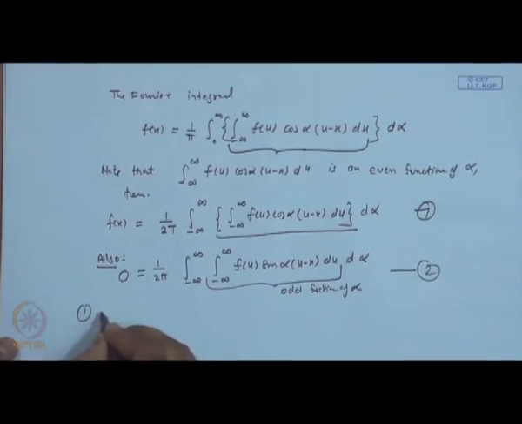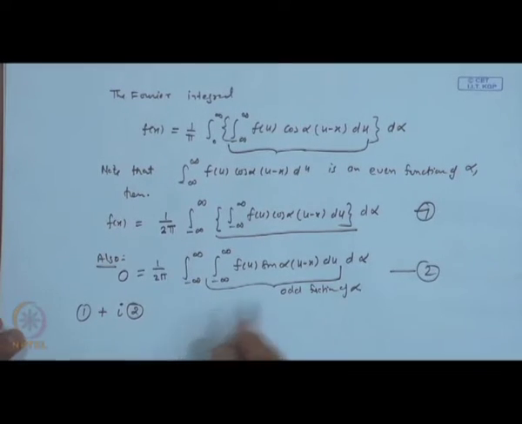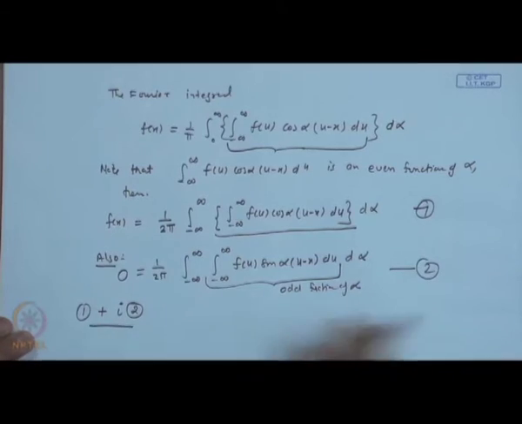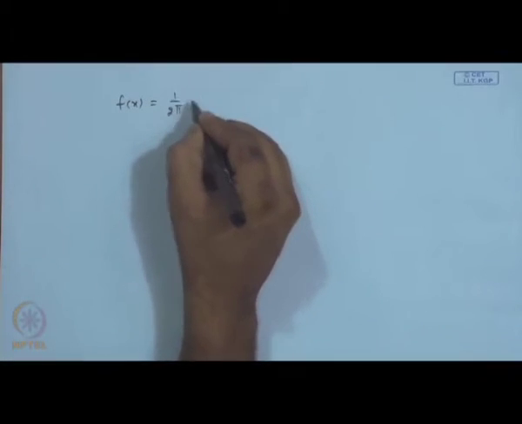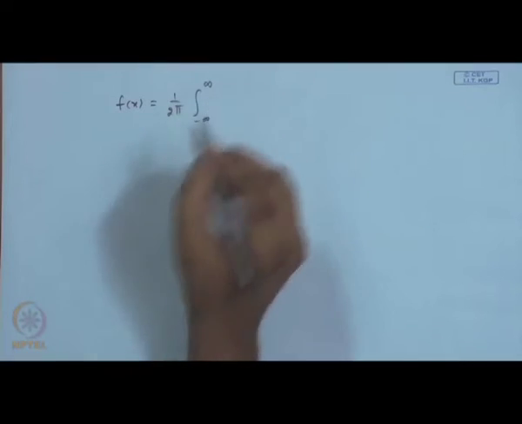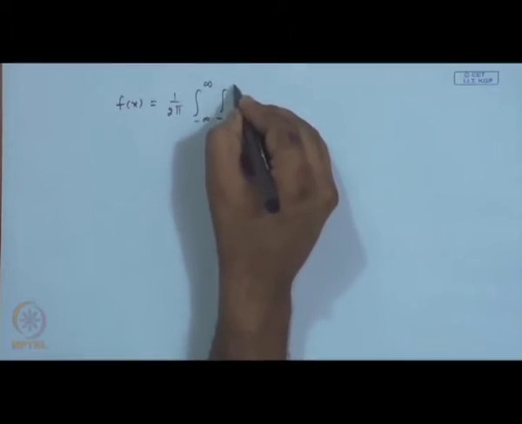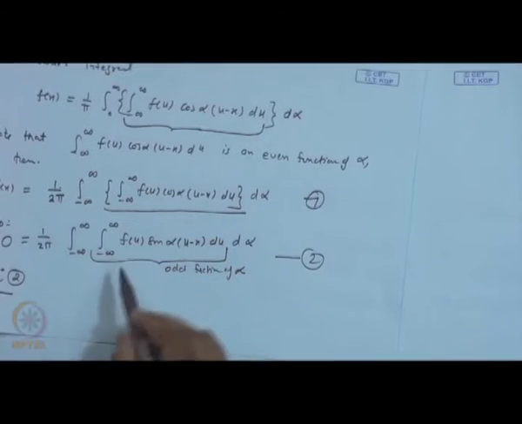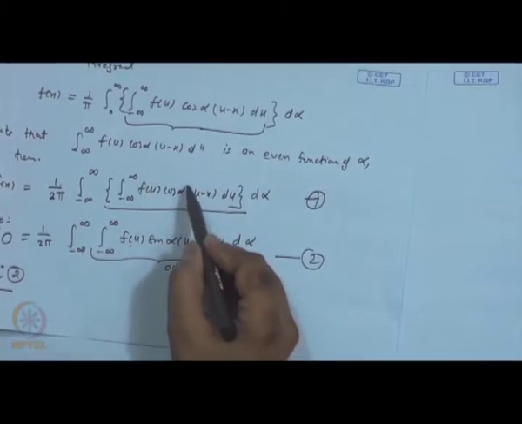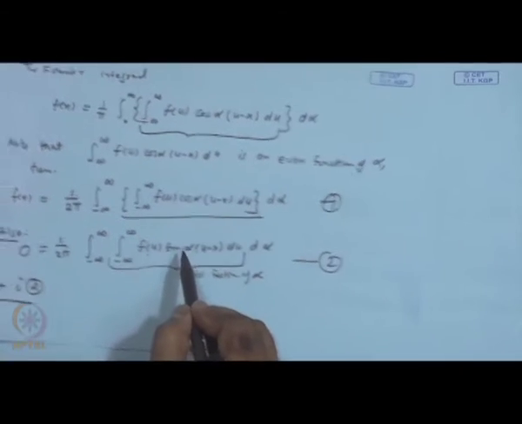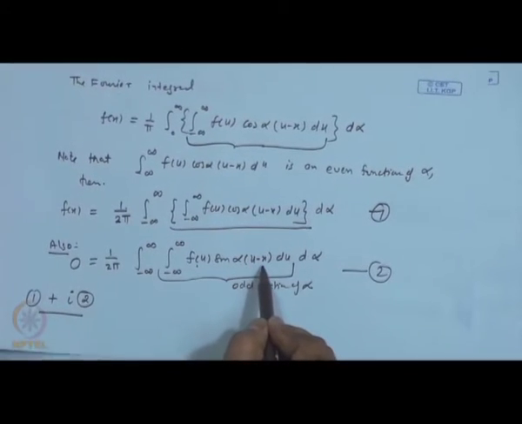Now what we do, we take the first equation and multiply i to equation 2 to have the complex form of this Fourier integral. So what we will get in this case, now f(x) is 1 over 2 pi, minus infinity to plus infinity, this is common, again minus infinity to plus infinity, this second integral is common, and we have f(u), so cos alpha(u minus x) plus i sin alpha(u minus x).